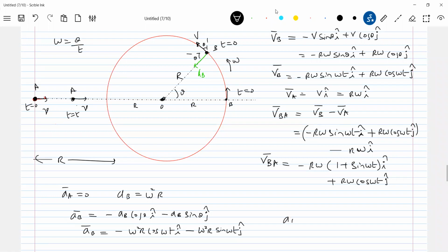So what is A_BA bar? It should be equal to only this AB bar.